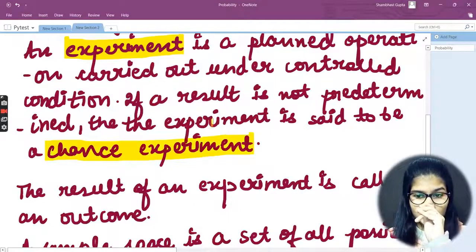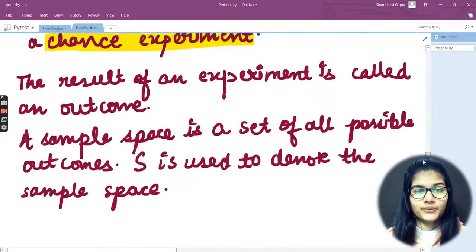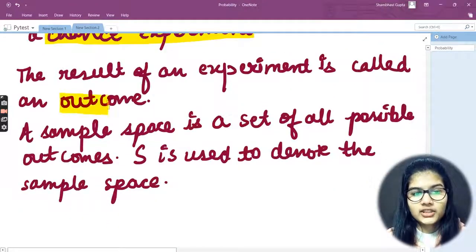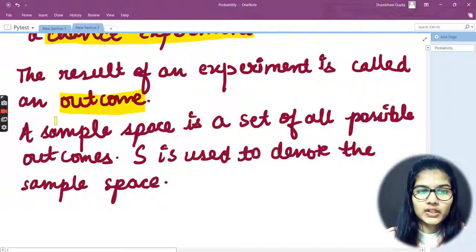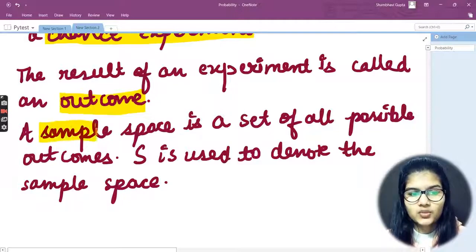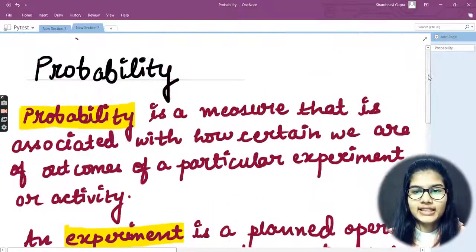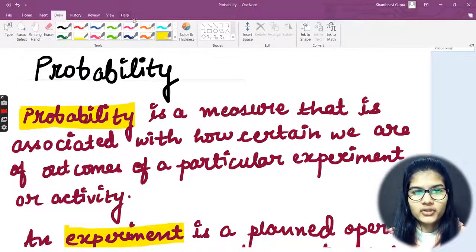Then we discussed what an outcome is: the result of an experiment is called an outcome. And further, I discussed what a sample space is.